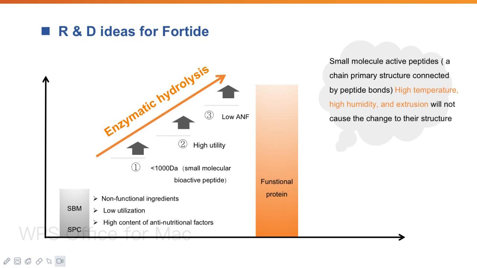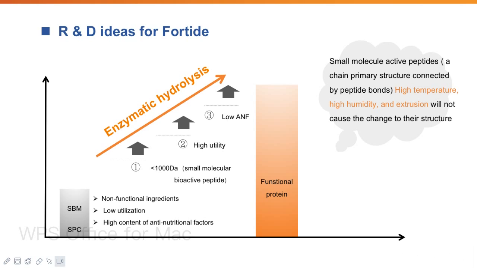So, based on the study of improving the health of aqua liver and intestine, MyTech uses soybean meal and soy protein concentrate as raw materials, and designed our own production process of enzymatic hydrolysis to get our product Fortide.